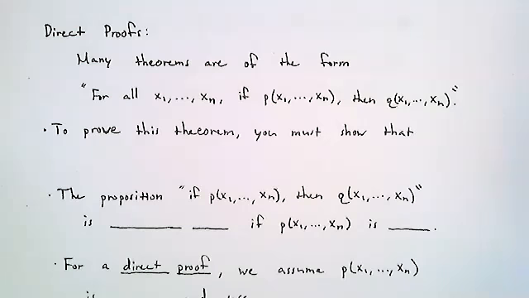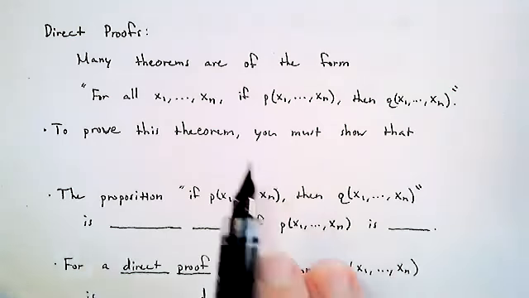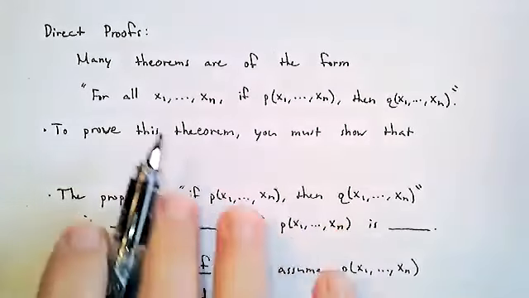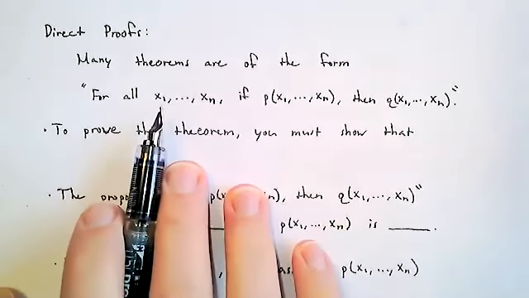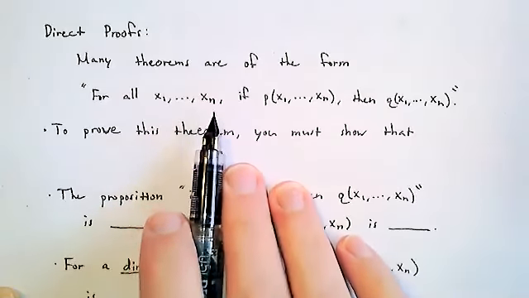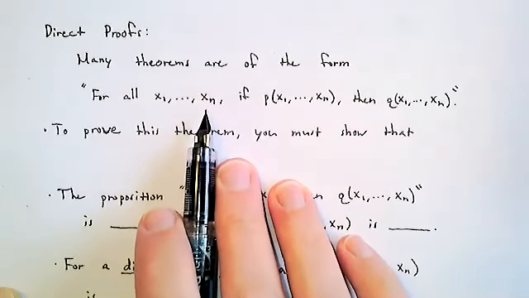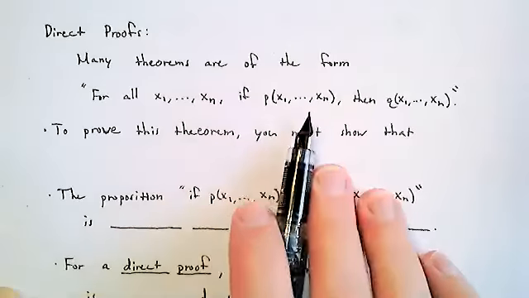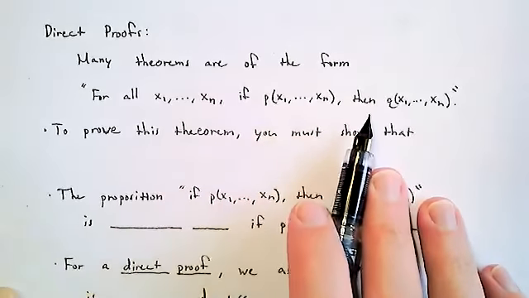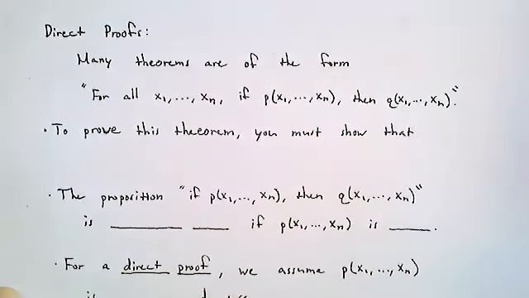Okay, so theorems, a lot of them look something like this. For all x1, x2, up through however many things that you're talking about, if this thing is true, then this other thing is true.